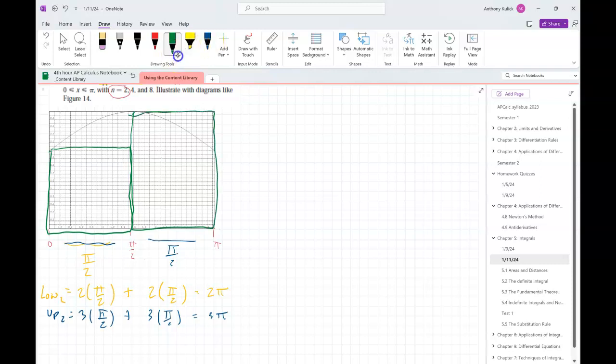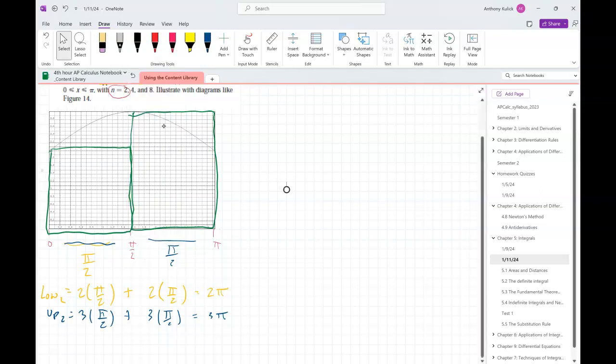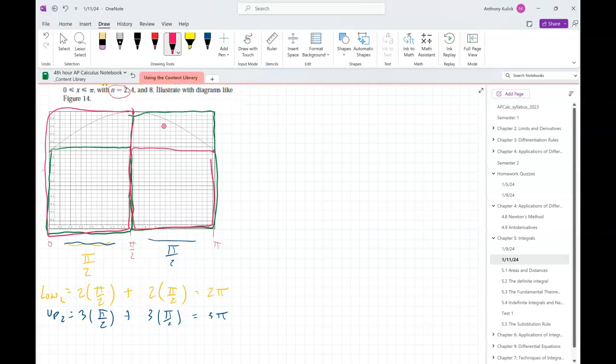Okay. And then I'll do the right rule now in red. Oh yeah. I get it. So I got the same answer for each one, right? And that's not the answer to the problem. That's not actually the area under that curve.